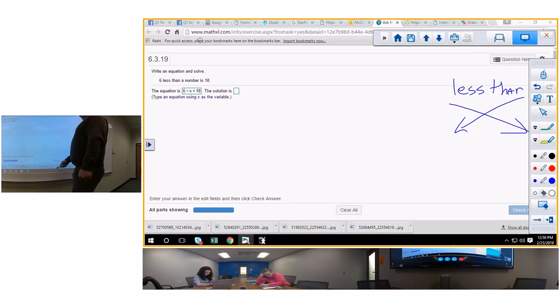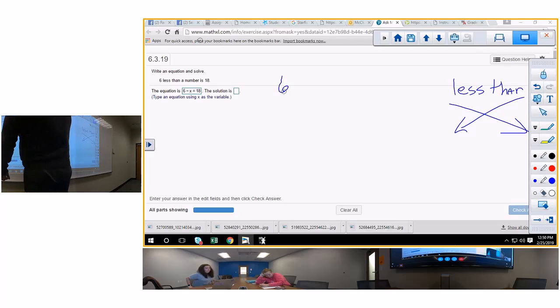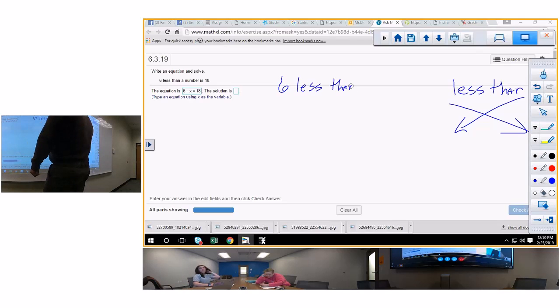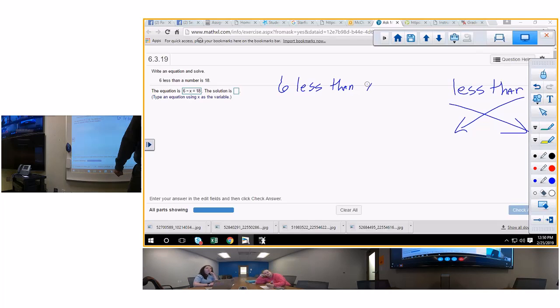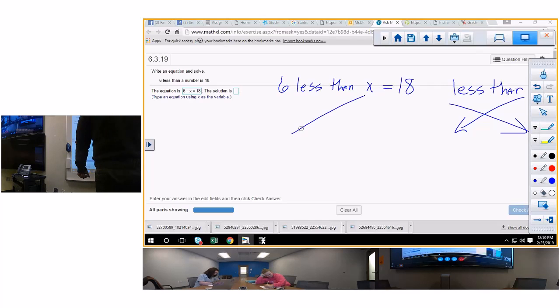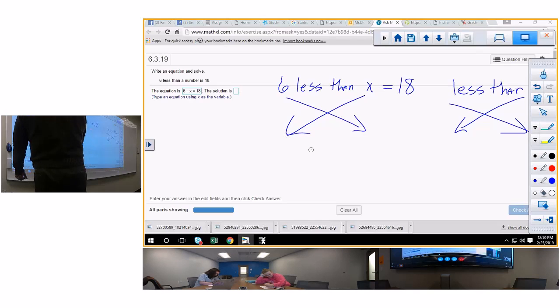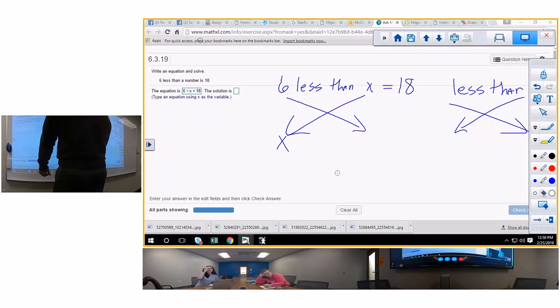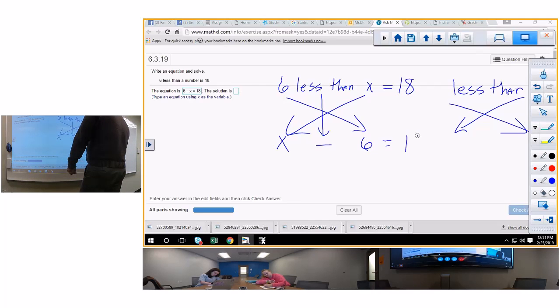So let's rewrite this: 6 less than a number, which is x, is equal to 18. When it's not an inequality, you crisscross, and that's subtract, equals 18.